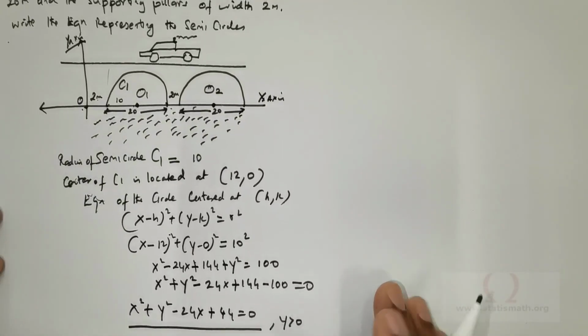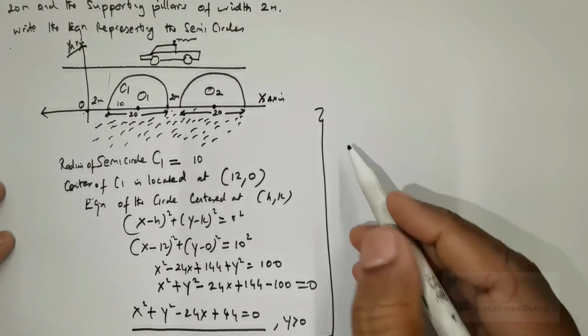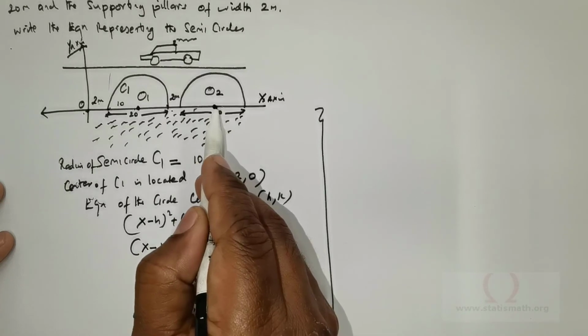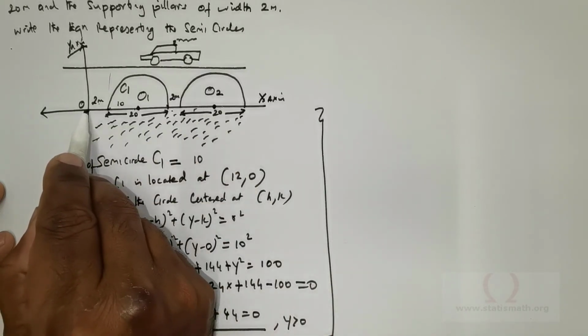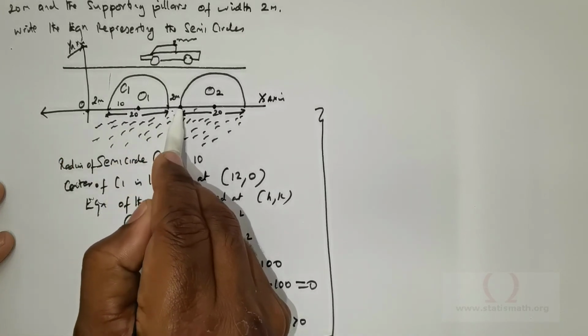Now we can also do the second part. I'm doing it here. Clearly the center has to be located away from the origin 0. We know it is located at this particular point.